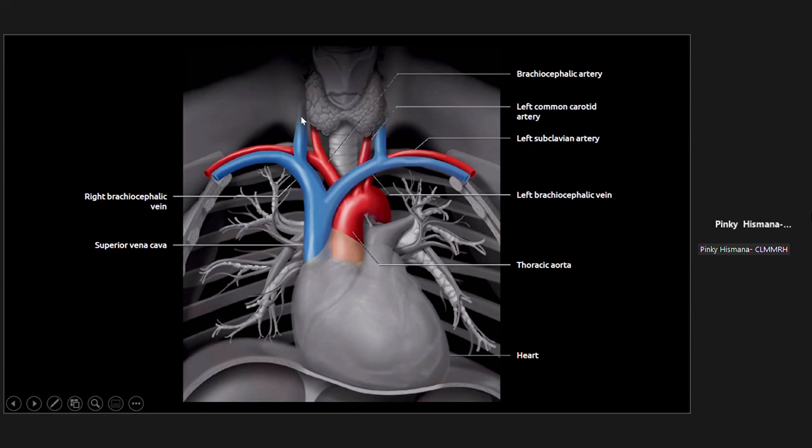So this is your right internal jugular vein, left internal jugular vein draining into your superior vena cava. This is your subclavian and subclavian. But basically, you have your aorta, you have your superior vena cava. At the same time, you also have your main pulmonary arteries, which belong to the superior mediastinum.